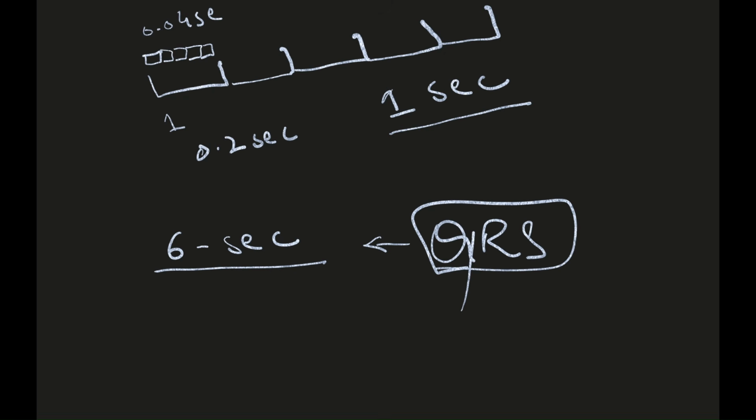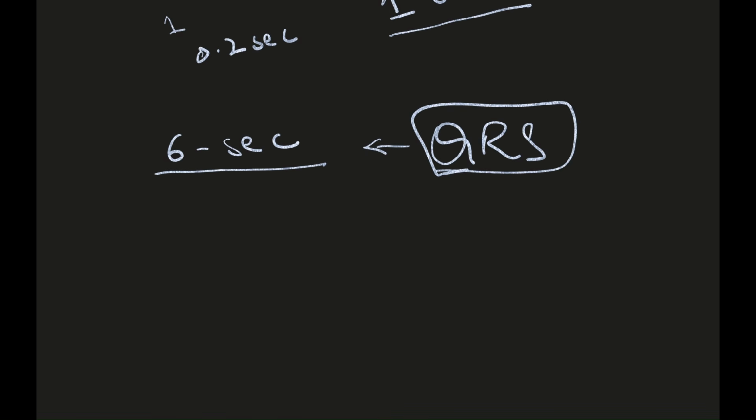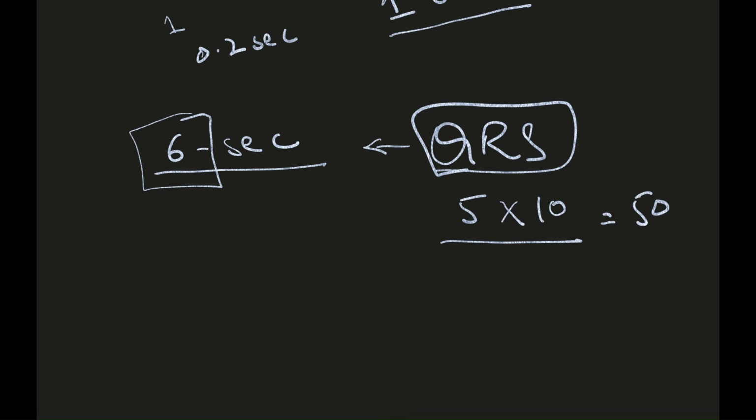For example, the total QRS complexes are 5. If the rhythm strip is 6 seconds, then the total QRS complexes should be multiplied by 10. That will be your heart rate.